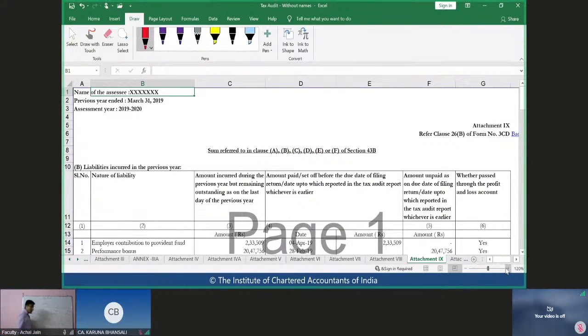Now out of this 200, let's suppose 50 is paid up to this date. So this is the amount paid up to the date of filing of return of income. So what is the balance amount? 150.